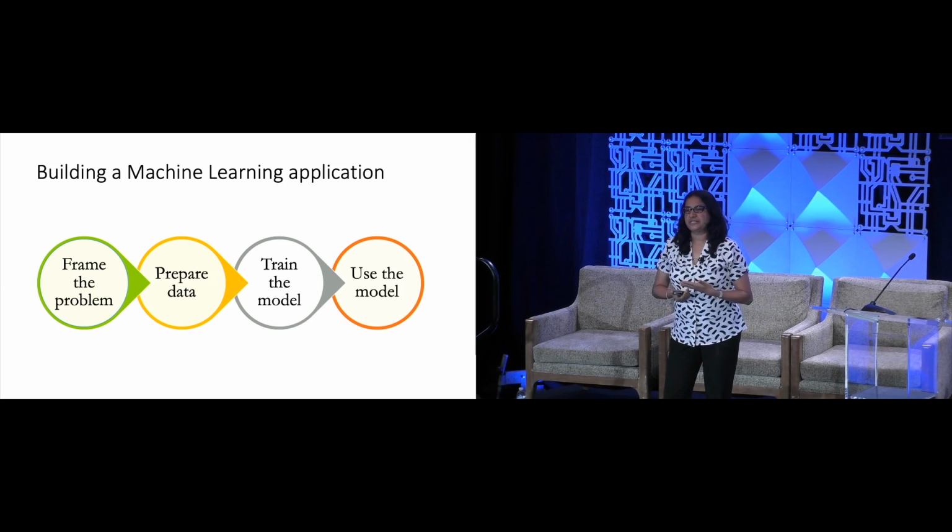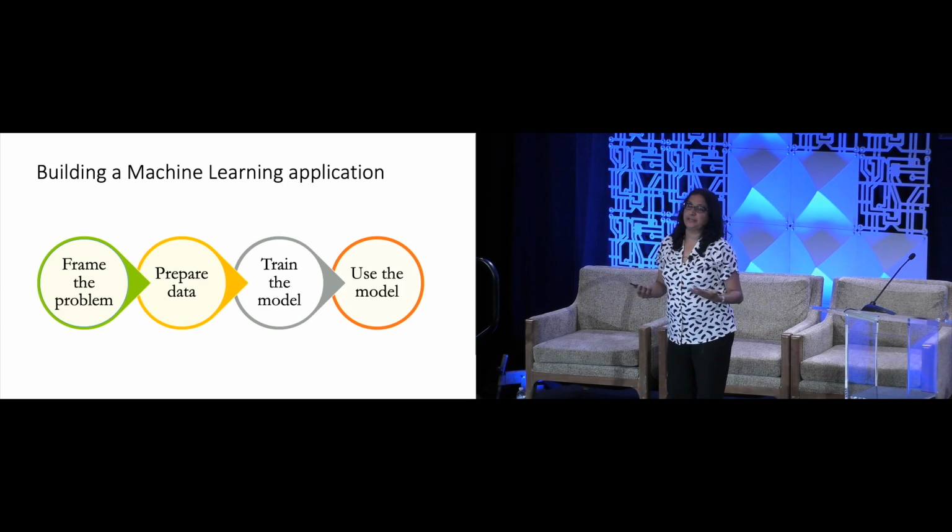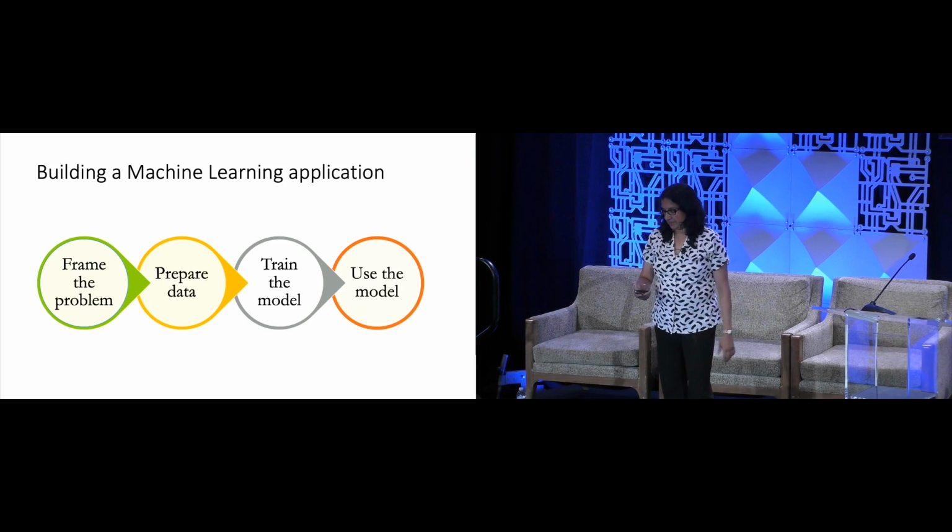So we spent about 75% of our time just processing data and framing the problem. Once we got that, the algorithms have been around for a long time and they're pretty robust. So we didn't have any problem getting there, but just dealing with data was the main problem.